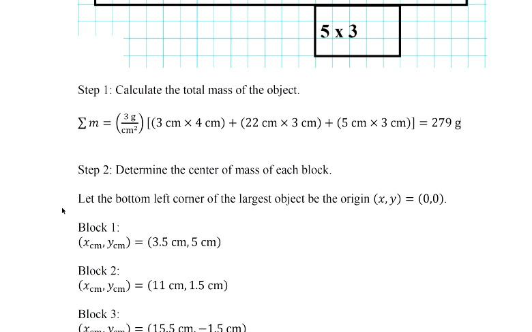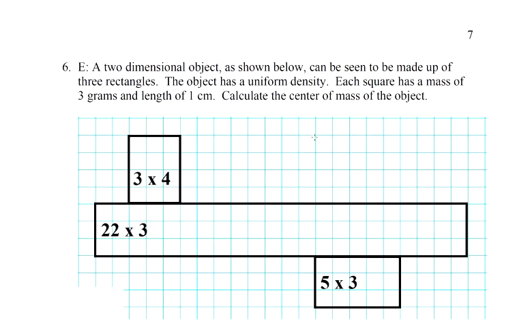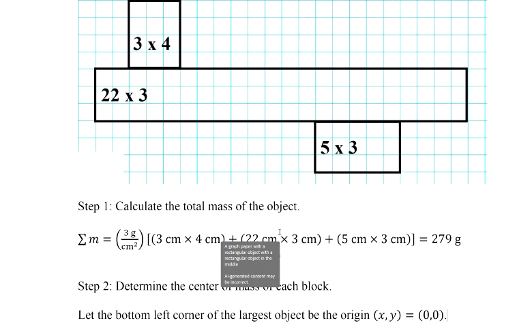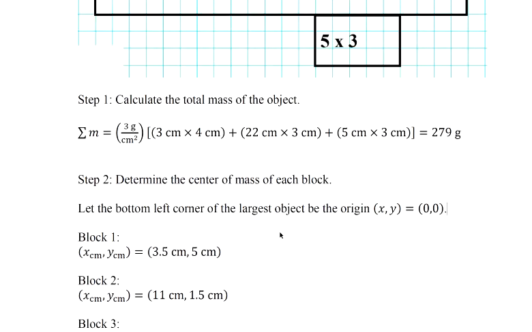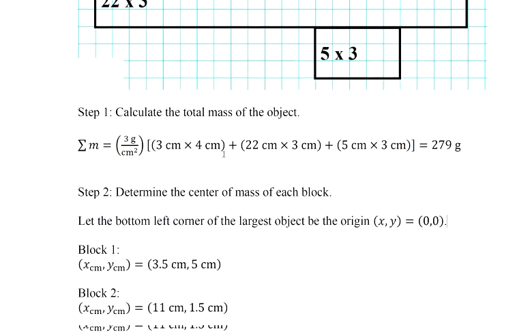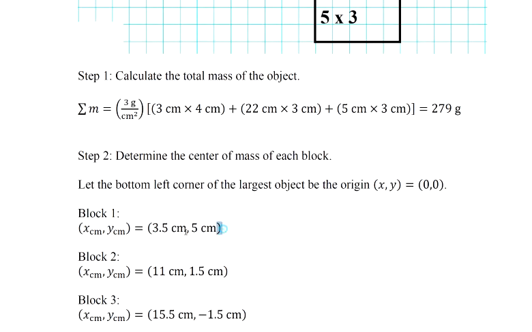Step 2, determine the center of mass of each block. So we got 3 blocks. And let the bottom left corner of the largest object be the origin. So right here, to the bottom left of the 22 by 3 rectangle, that's going to be the origin. So for block 1 on the top, the center of mass is 3.5, 5.